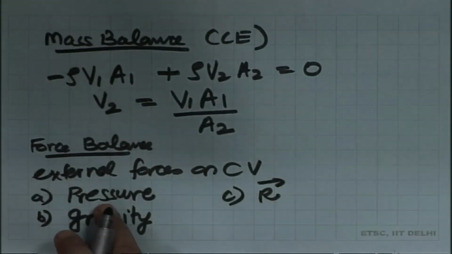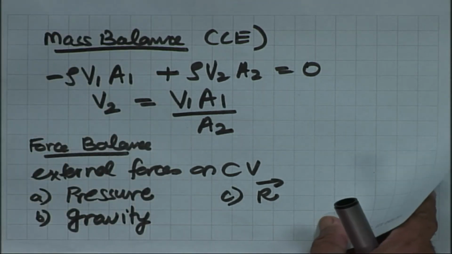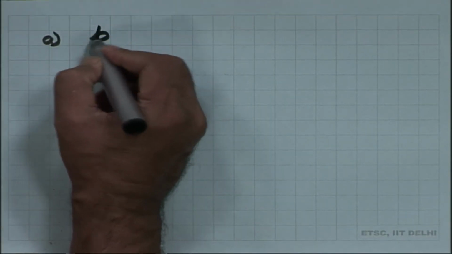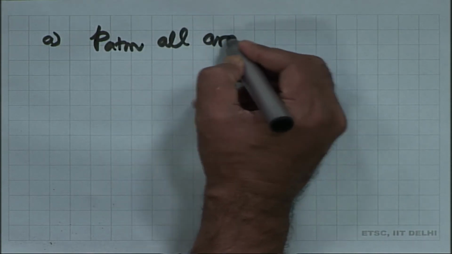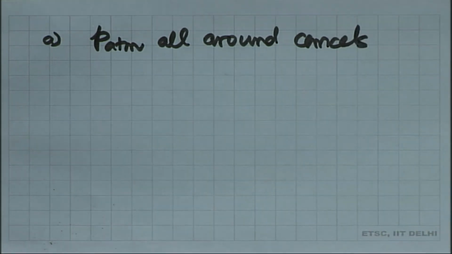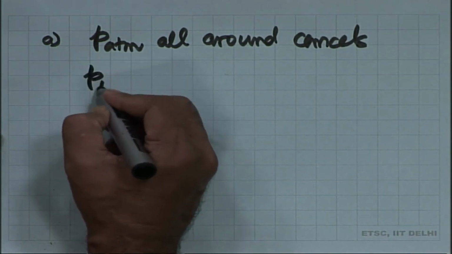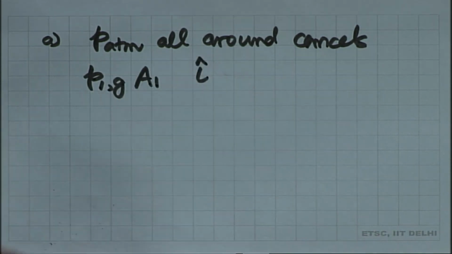Now, to find this force due to pressure, what we can say is P atmosphere all around cancels. So, what we are left with is P1 gauge times A1, and this acts in the i direction.